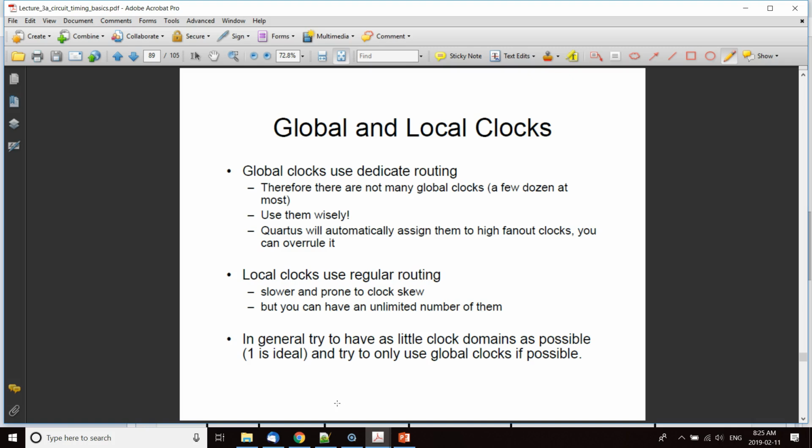Let's do this decision matrix more or less, right? Speed, and fan out.